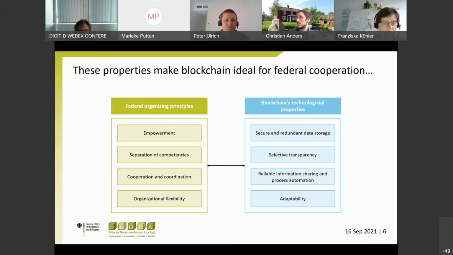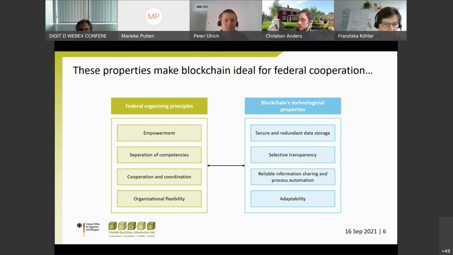And there's also organizational flexibility, so changing requirements and things like that can be achieved while it remains flexible. The properties I showed you help achieve those principles, or rather they fit well together.